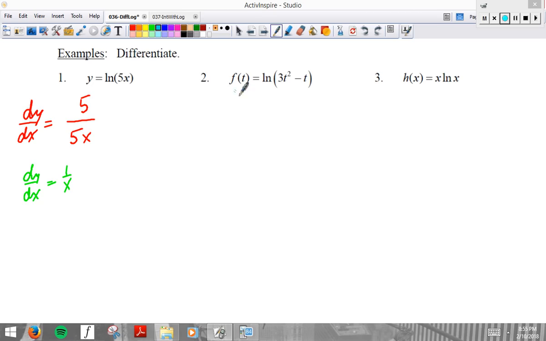All right. If you didn't get this one right, but now you understand what I'm talking about, where we have the inside matching on the bottom, and the top is just the derivative of the inside, try that out here. 3, 2, 1, label, label, label. The inside was 3t squared minus t.